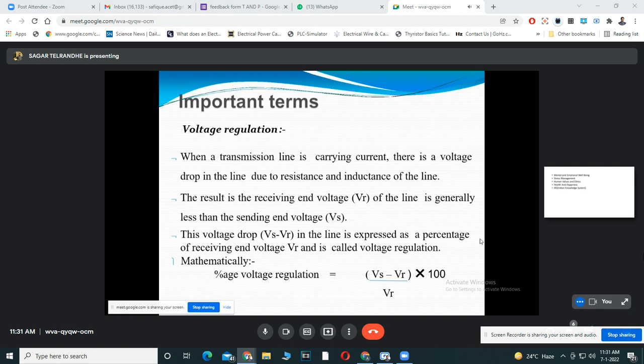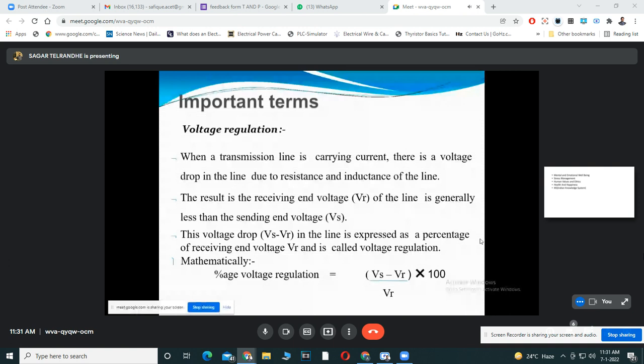Now, this difference between the sending end voltage and the receiving end voltage gives us the voltage drop of the transmission line. This voltage drop relative to the receiving end voltage gives us the voltage regulation.